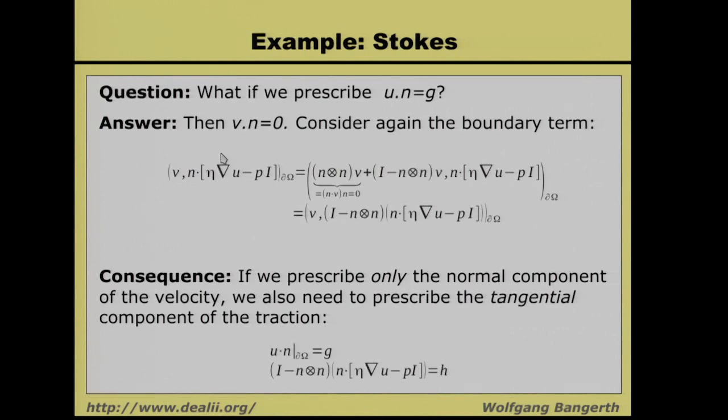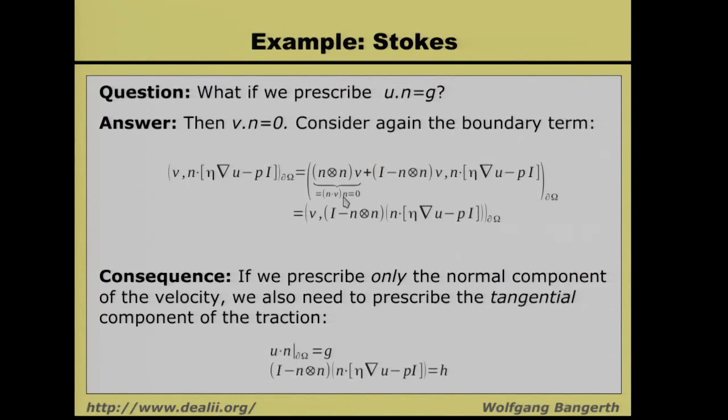So if I look at the boundary term over here, the thing that came out of integrating by parts, what I need to do is split this v. All I know about the test function v is that v dot n equals 0. So v is just a velocity field, and I can split it at the boundary into its normal component, n cross n times v, which is the same as n dot v times n.